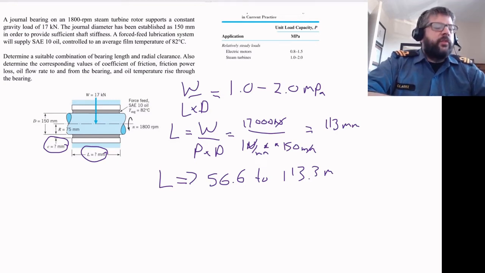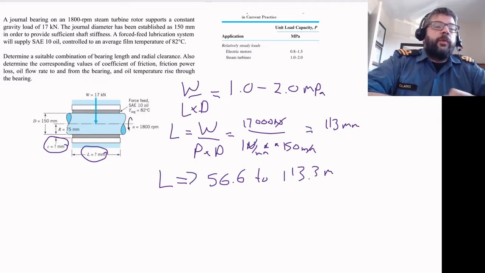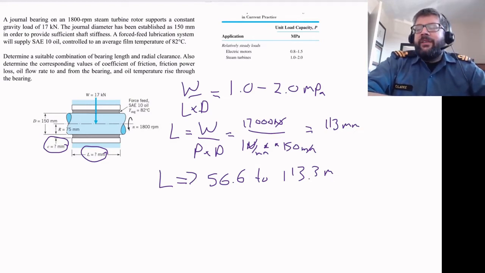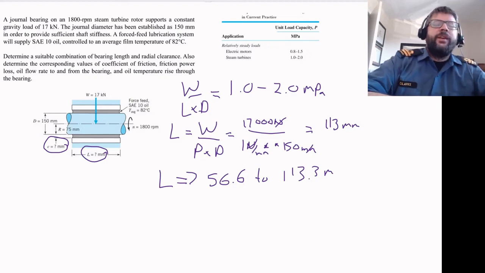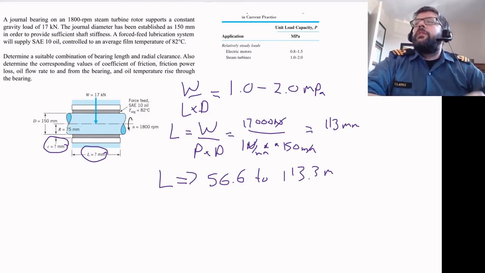That'll be useful for simplicity's sake. It also makes our analysis easier because we're working with the hydrodynamic performance charts, and then we can just read it off the line instead of having to interpolate, which can be a pain. So let's pick an L of 75 millimeters.